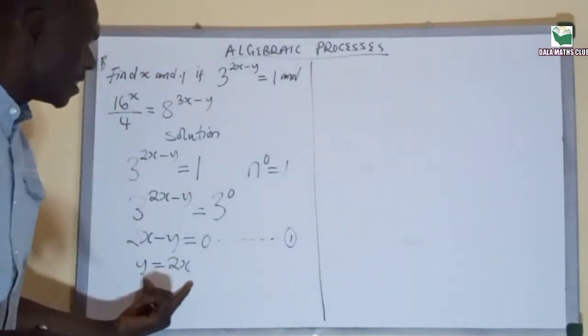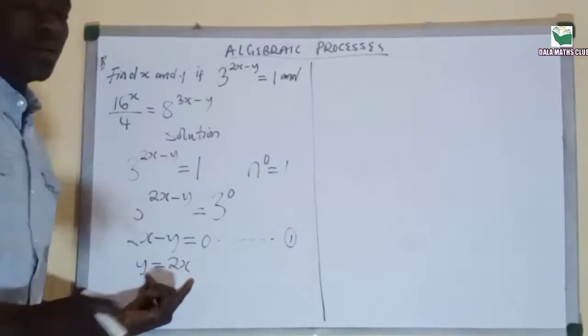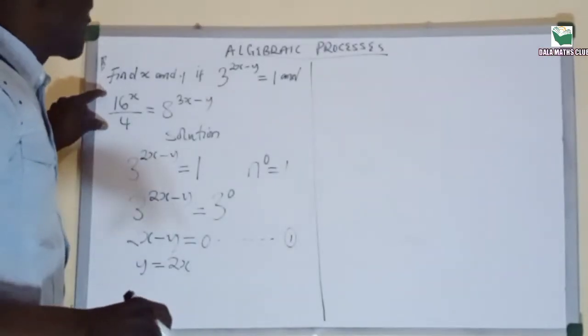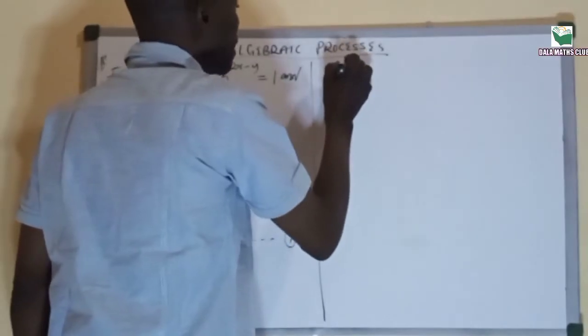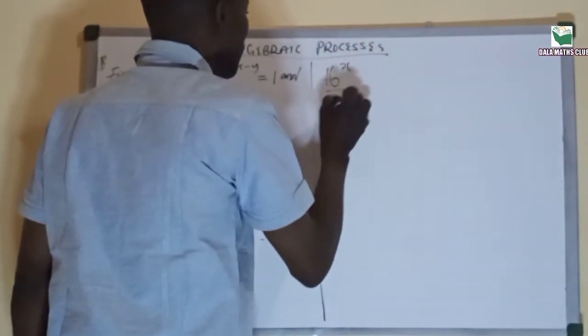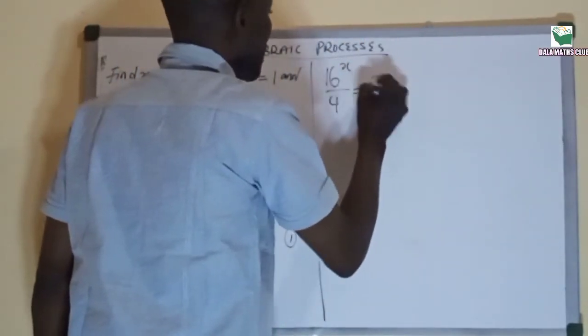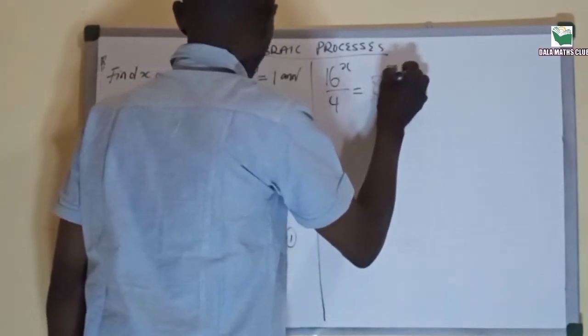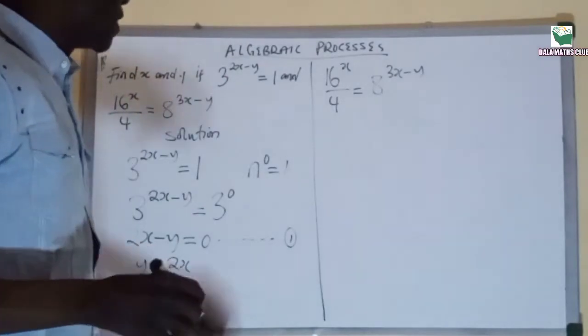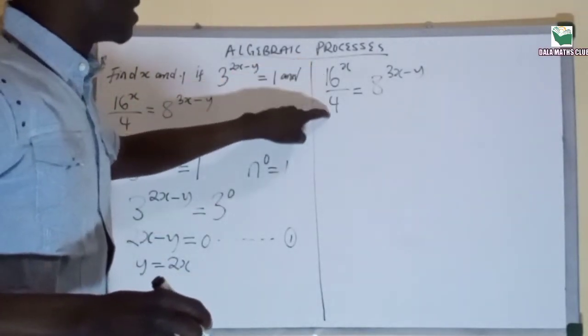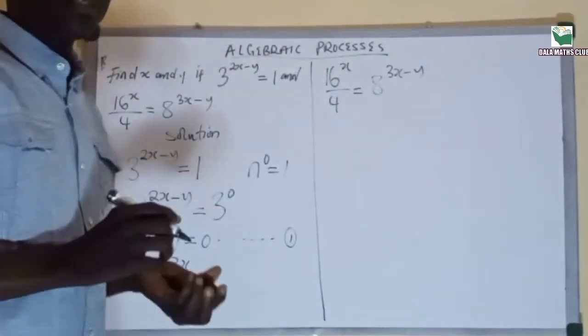So we now express this as a linear equation. The next is to consider this one, let's say 16 power x all over 4 is equal to 8 power 3x minus y. To express this, we have to make this and this with the same base.